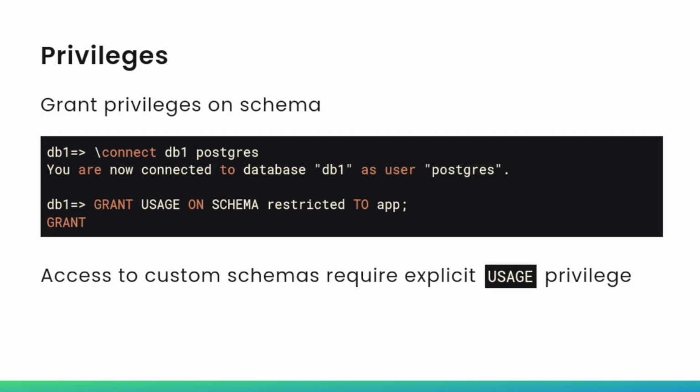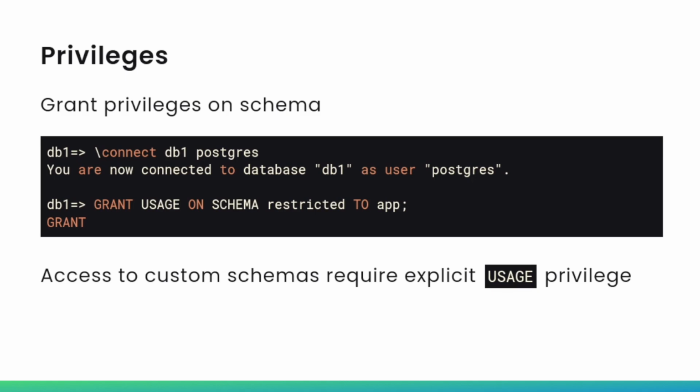So if you recall, we also had a schema called restricted, where we wanted to put all the tables that can potentially contain sensitive information. Now, if we want to grant privileges on a schema, we first need to grant usage on the schema to the user.